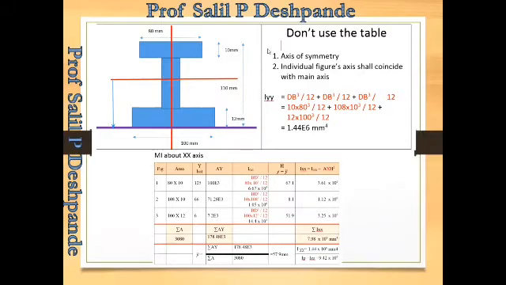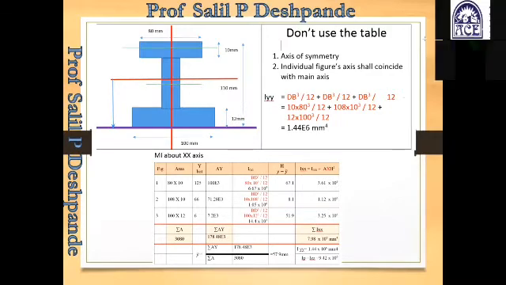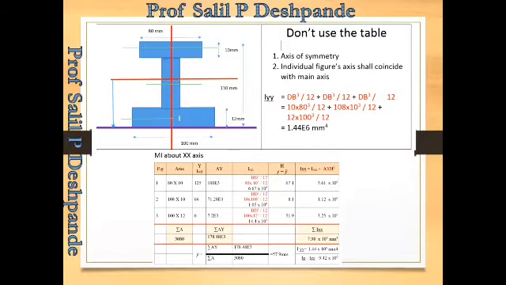If you want to mark the x-axis of the individual figures, this will be figure number 1, figure number 2, somewhere here. I don't know whether it will be up or down, that can be calculated. And figure number 3. Now as you can see, these three are not coinciding.